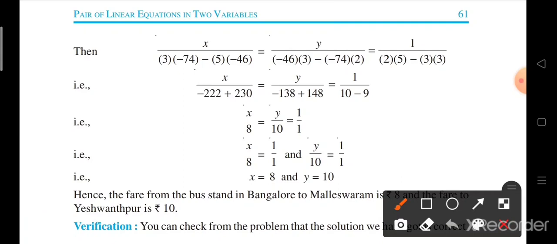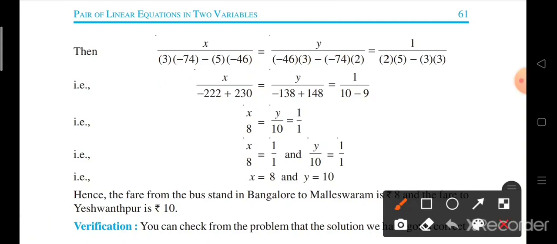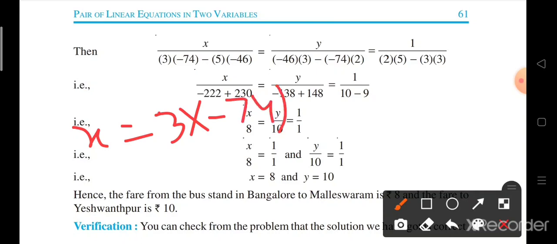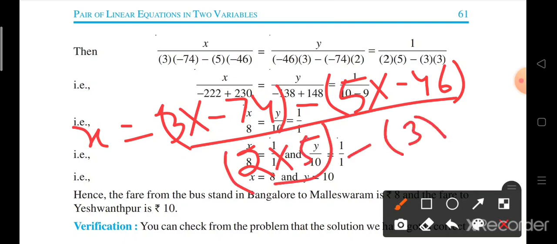So x is equal to 3 into minus 74, minus 5 into minus 46, divided by 2 into 5 minus 3 into 3. Clear?